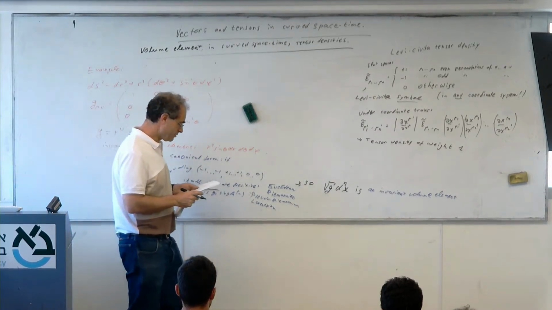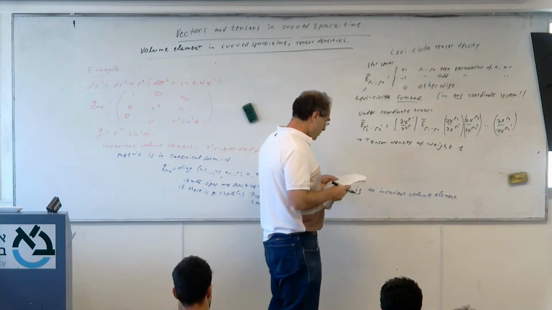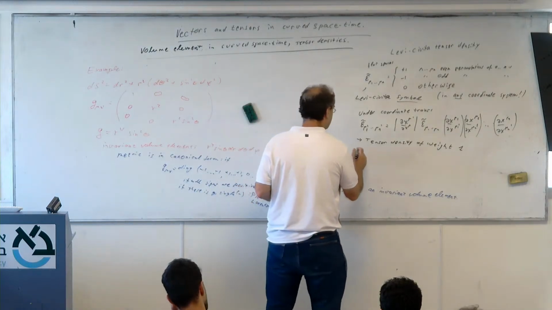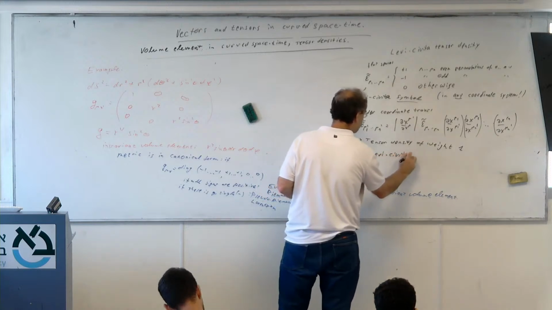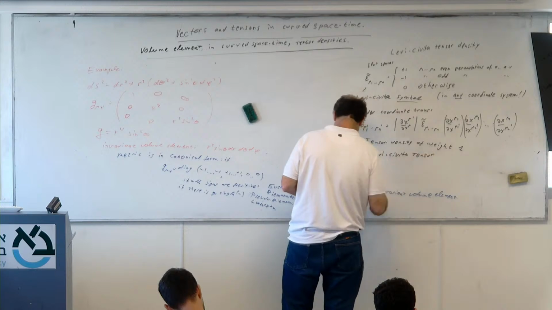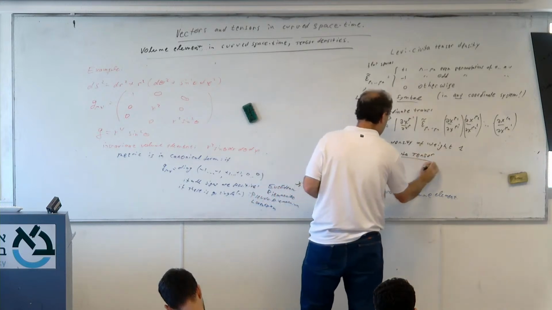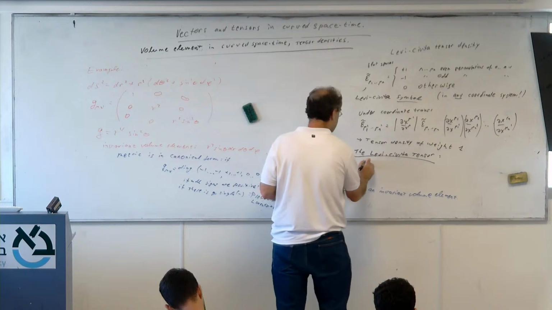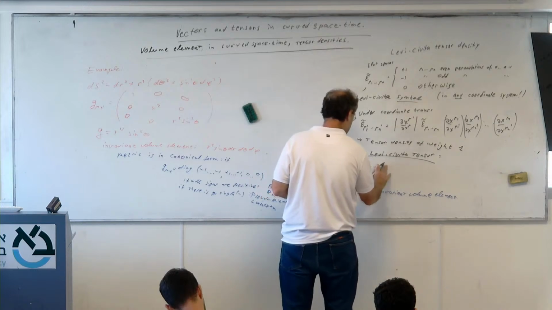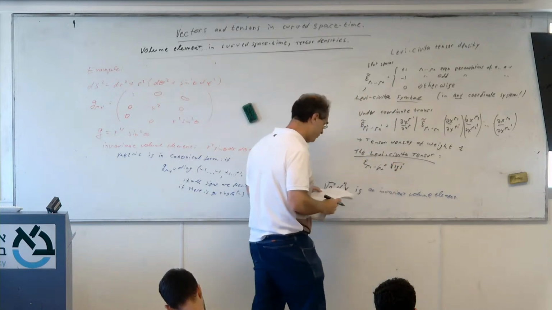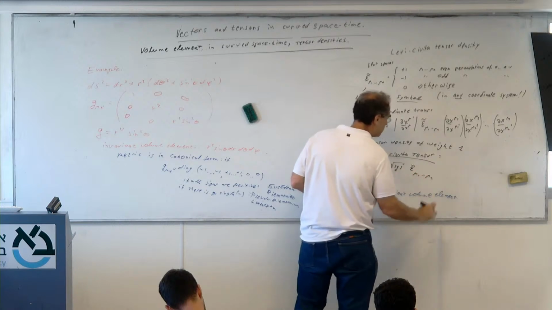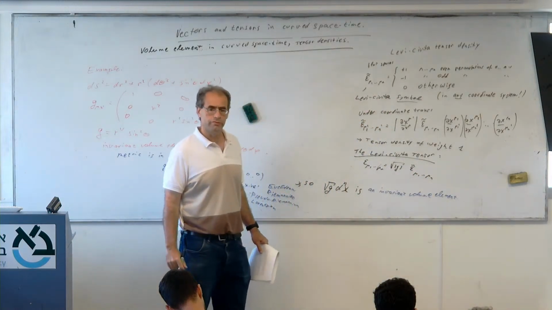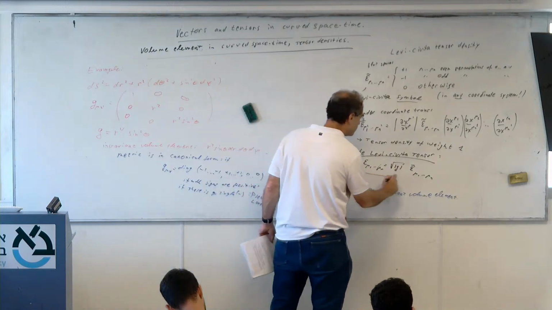So a real tensor: we define the Levi-Civita tensor as epsilon mu1 to mu n equals the square root of the absolute value of the determinant of g, times the Levi-Civita symbol. So this is the true definition of the Levi-Civita tensor.